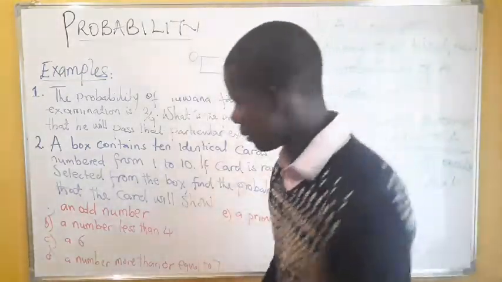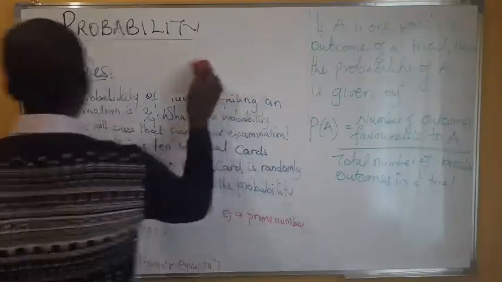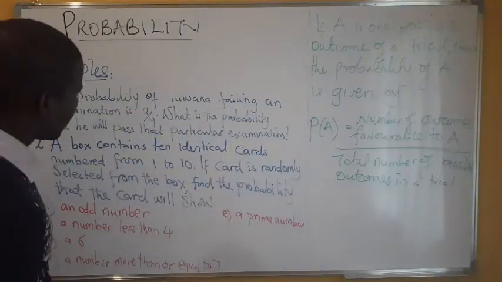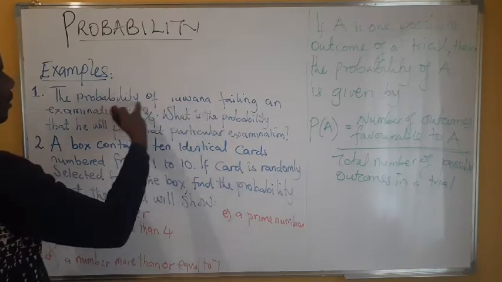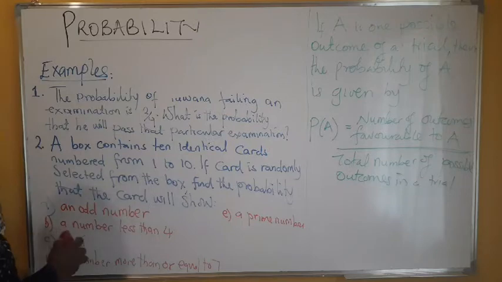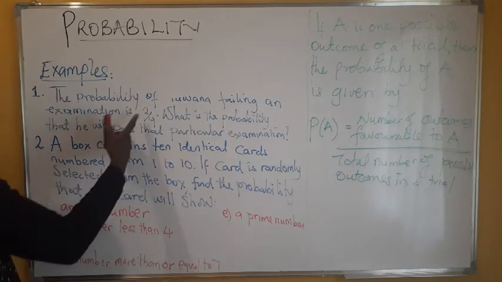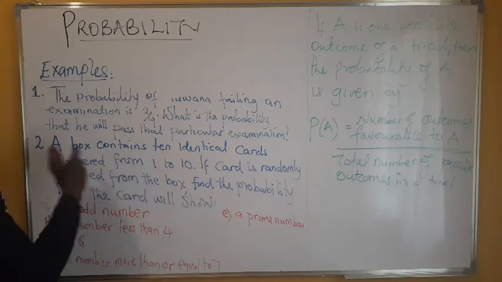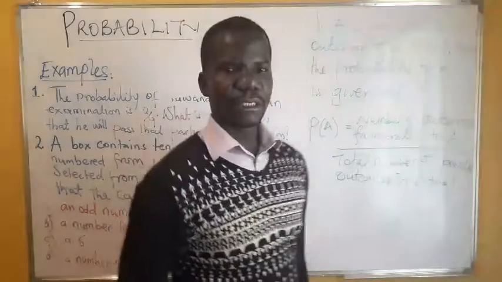Okay? So let's look at the first question here. The probability of Tawana failing an exam is 2/9. What is the probability that she will pass that same particular exam?